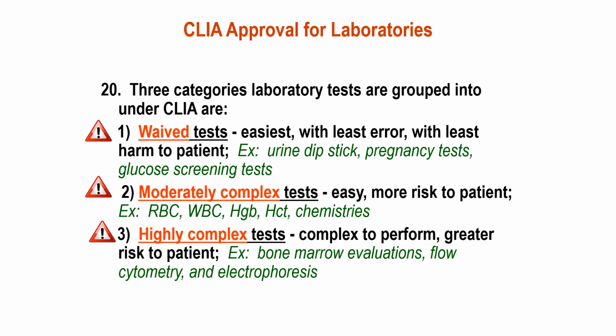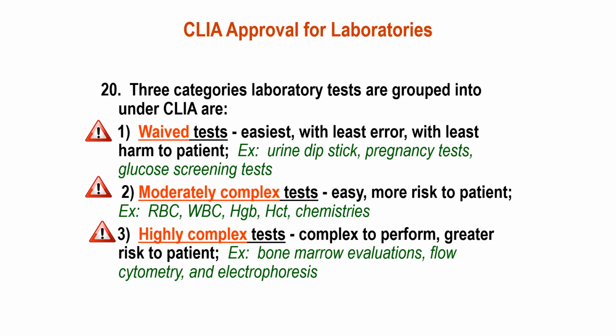Then we move up to moderately complex tests. These are still relatively easy. There's a little more risk to the patient if something is not done right, though, okay? Some examples of that are if we run an RBC, a WBC, a hemoglobin, hematocrit, and some chemistry tests. Things like CBCs, right? Electrolyte panels and lipid panels. Then there are highly complex tests.